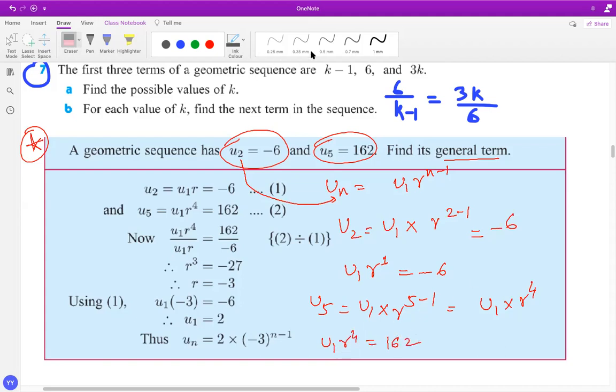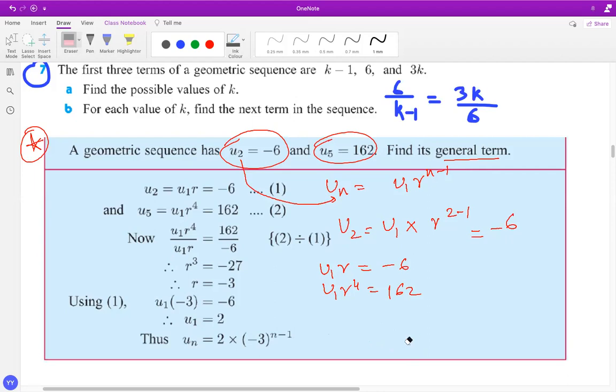So what we eventually got is the two equations. The first one is u1 times r is negative 6, and the second one is u1 r to the power 4 is 162. Now, how do I solve this? Ideally I like to make u1 the subject from one of them.